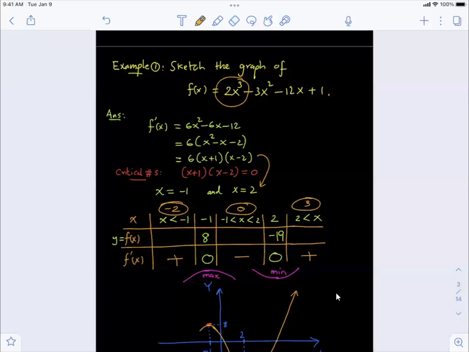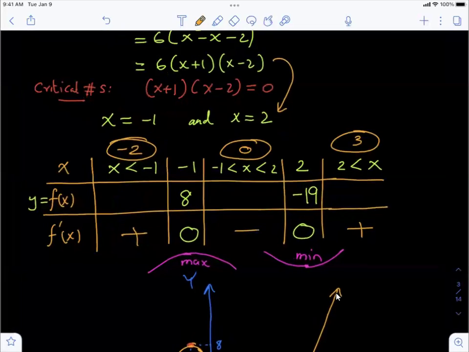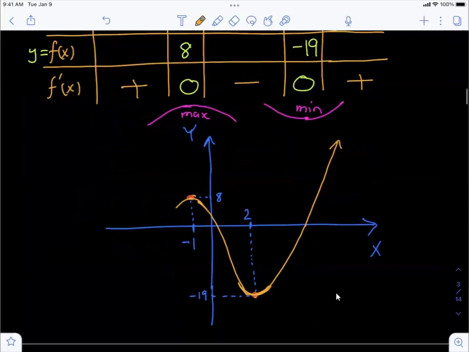No, it's not going to change the behavior, because it is determined completely by this leading term. So what do we get when x goes to negative infinity? 2x cubed goes to negative infinity, because it's a cube of a negative number, which turns out to be negative, and it goes down to negative infinity. Now, this is the rough sketch of the graph of this function.